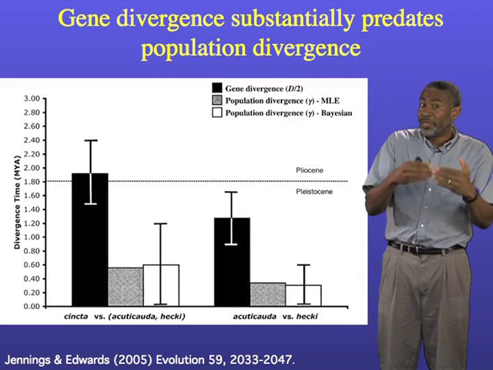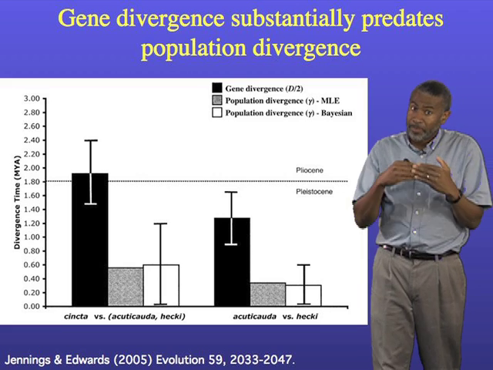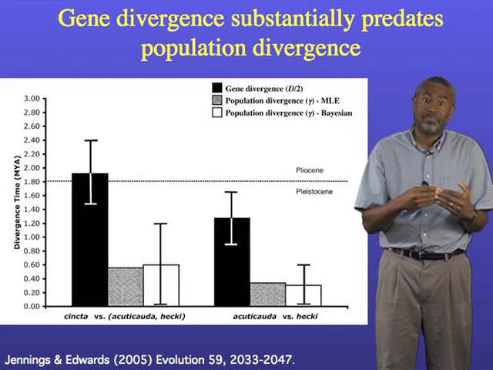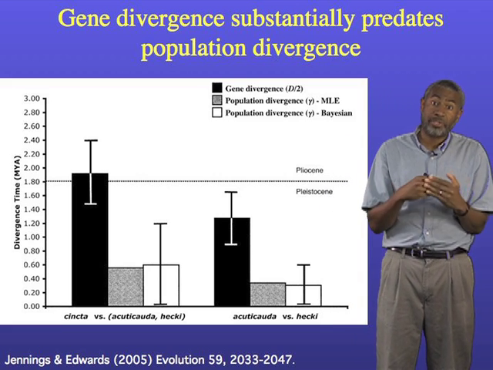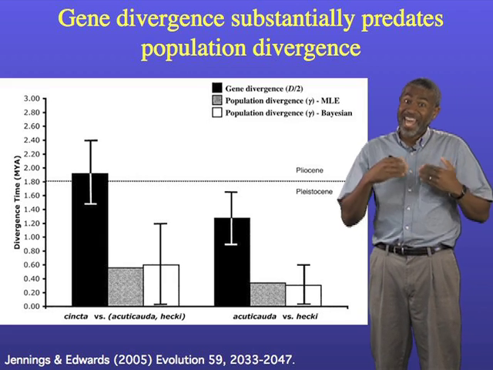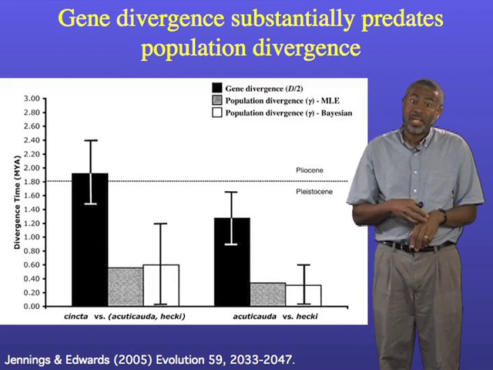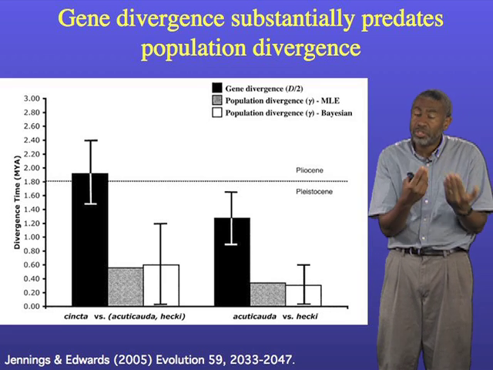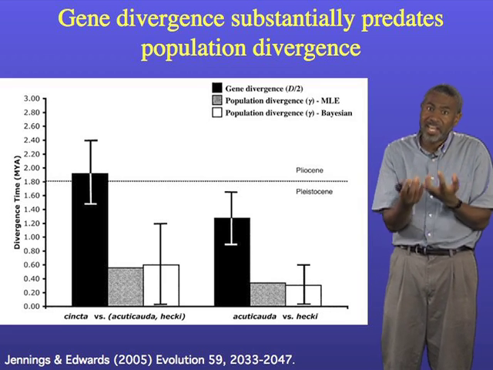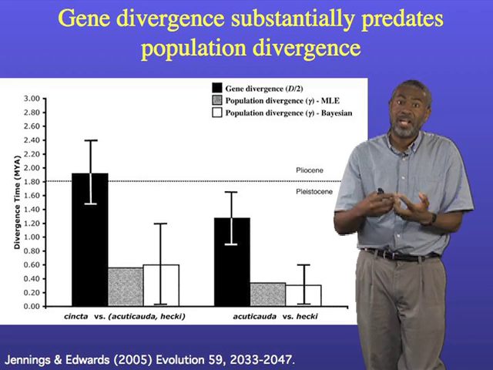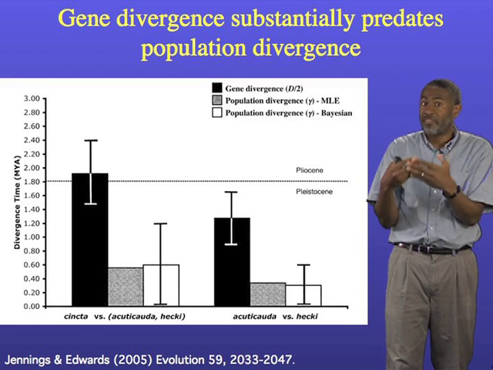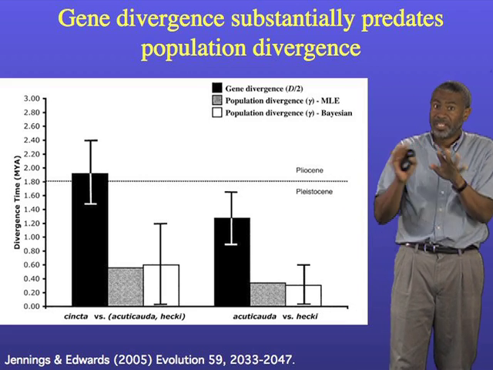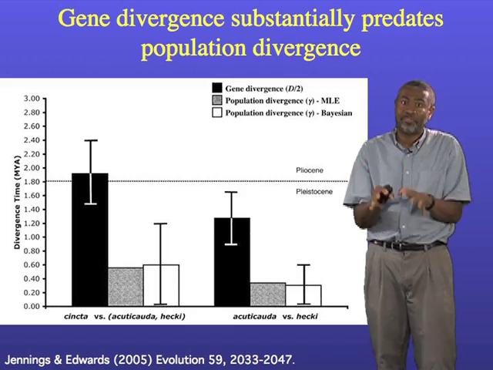Of course, in reality, the split that we're really interested in, the population split, that we estimate to have occurred much more recently, on the order of more like 500,000 years ago. And so you can see why it's very important to distinguish between the gene trees, sort of the raw data that we collect from sequences, and the actual inferences of the population histories, which is a different estimate.